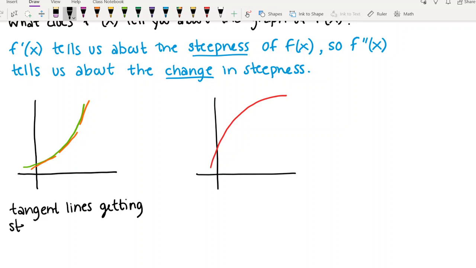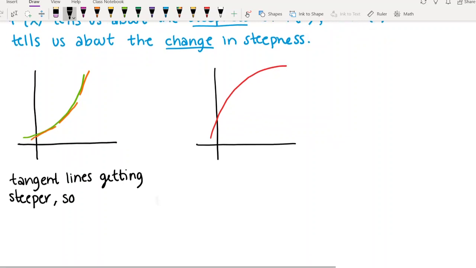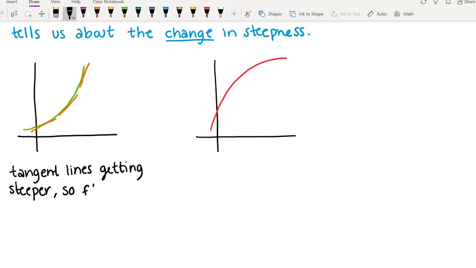And what does that mean about the first derivative? That tells us that the first derivative is increasing, right? You could even assign numbers to these slopes. You could just estimate. So maybe the first slope is a half, the second slope is 1, the third slope is 2. They're getting bigger. So the first derivative is increasing.